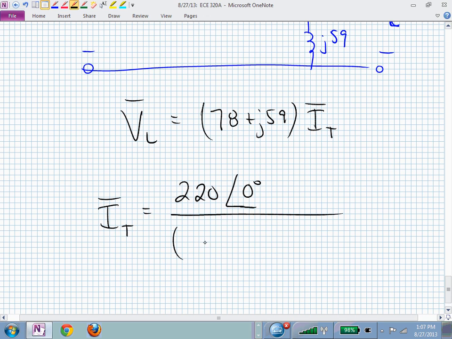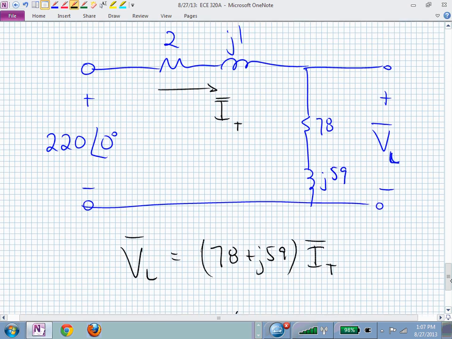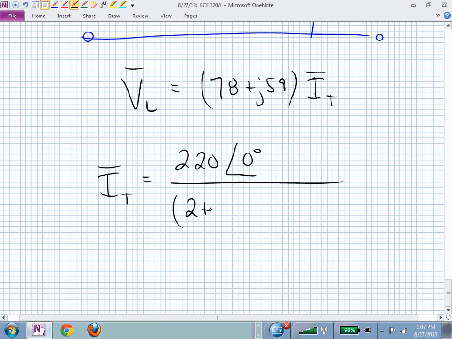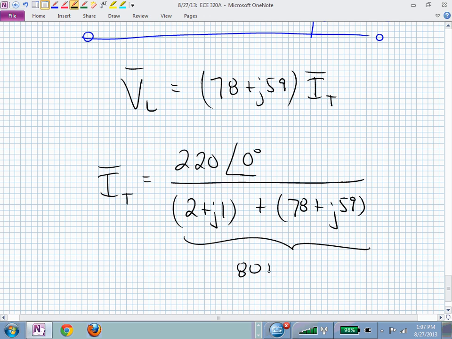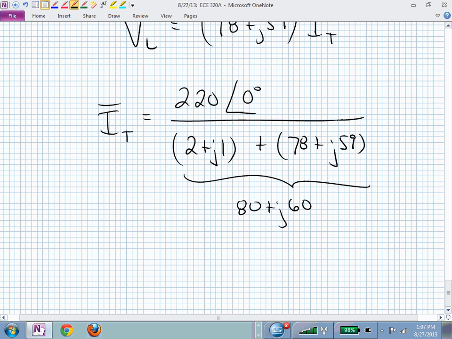And what was this? Was this 2 plus J1 plus 78 plus J59? Or this now becomes 80 plus J60. And that's our 3, 4, 5 triangle, isn't it?